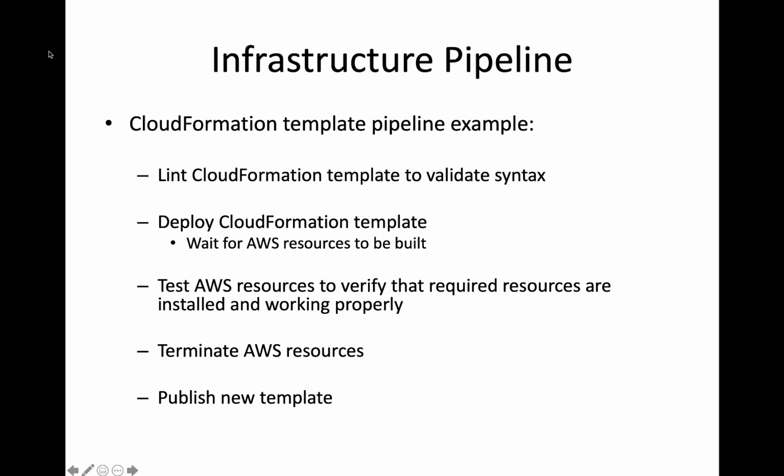We might have a series of smoke tests or something, or maybe they're like security penetration tests that are trying to validate and verify that the infrastructure which has been built is working properly. We'll have a stage that'll then tear down and terminate all those AWS resources. And if everything worked properly during the pipeline process, ultimately we would then publish the CloudFormation template because it's been validated and it's been tested. Now we can publish that into something like an S3 bucket and use it in the future and during our deployments.